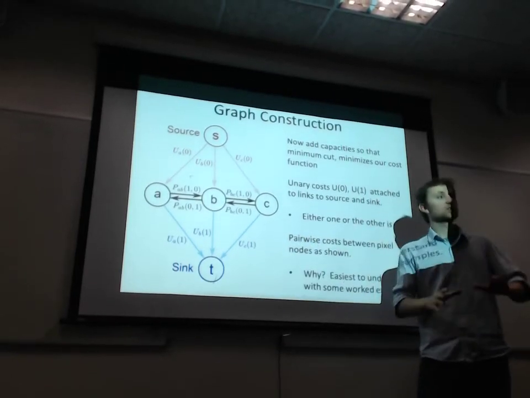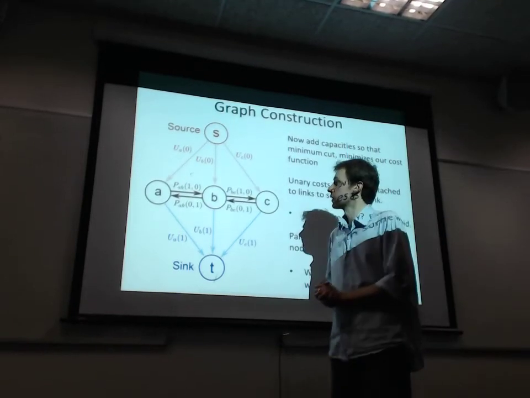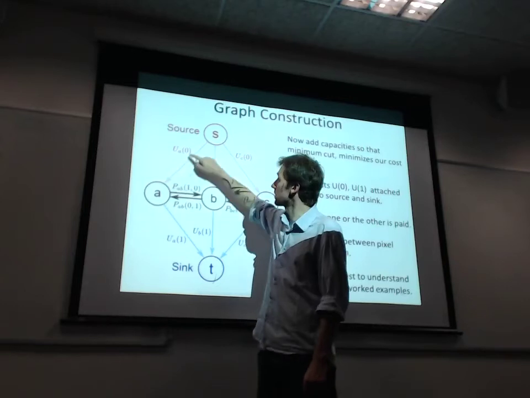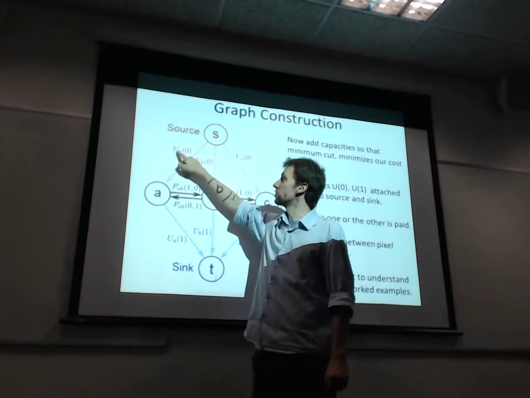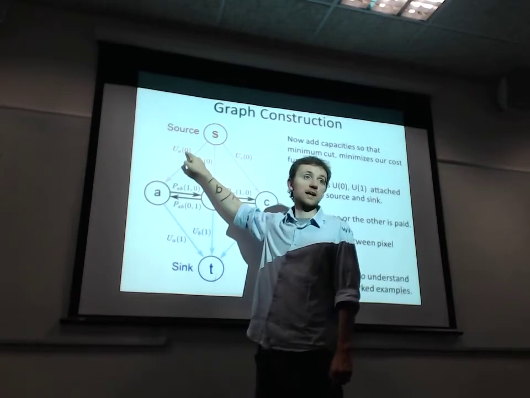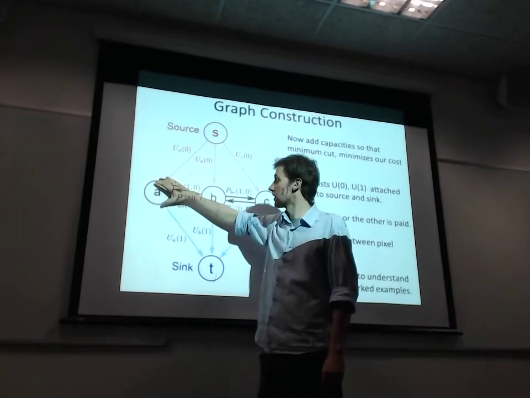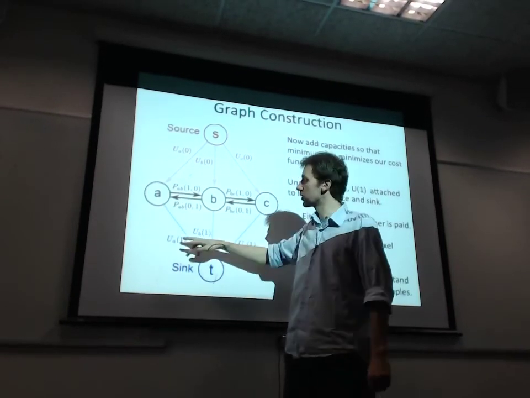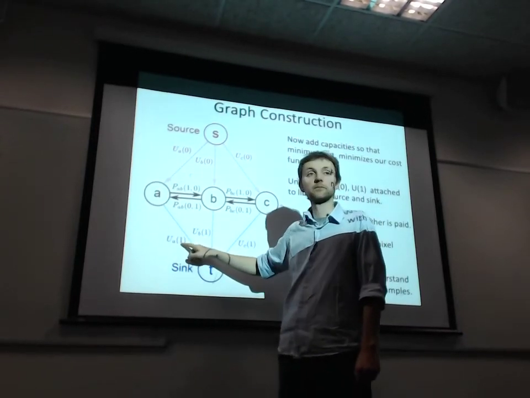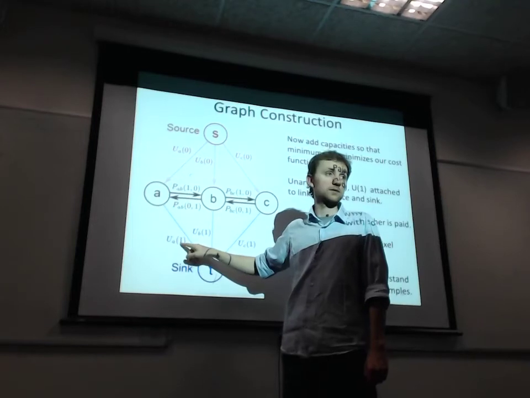This is a good intermediate answer. So we're going to put on this edge here the unary cost of making pixel A state 0. And on this blue arrow, we're putting the unary cost of making pixel A a state 1, W equals 1.